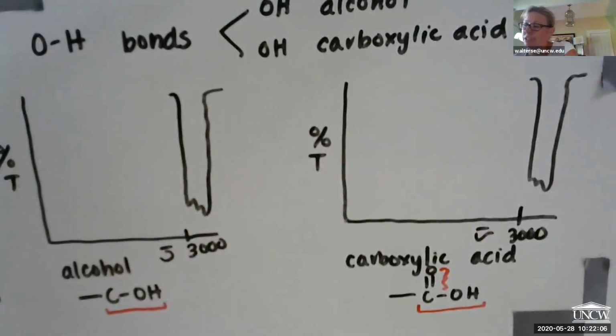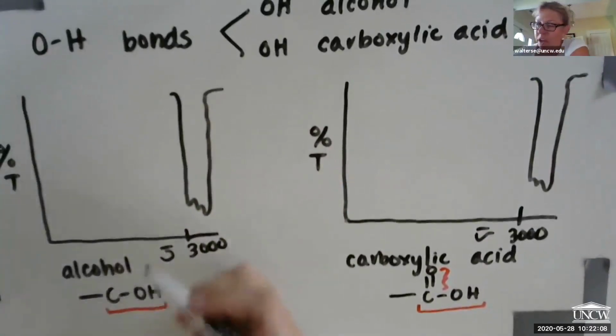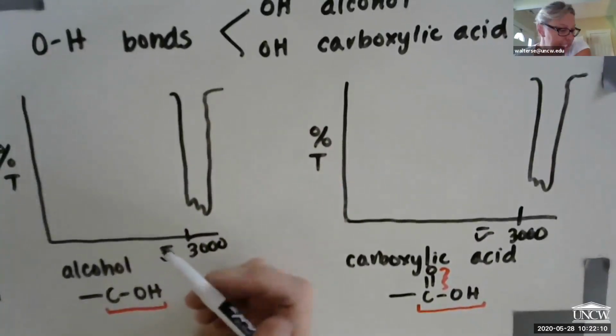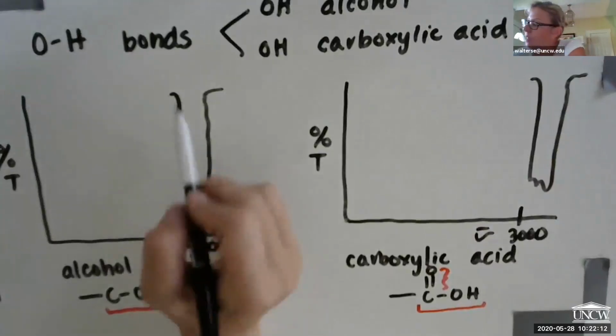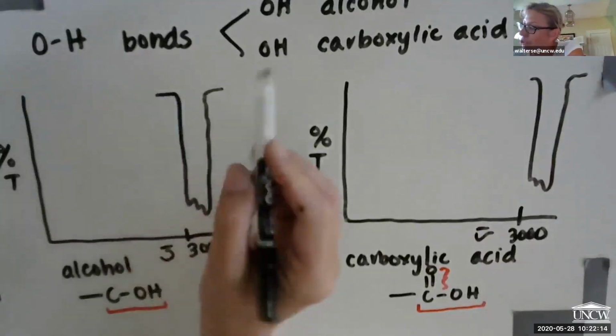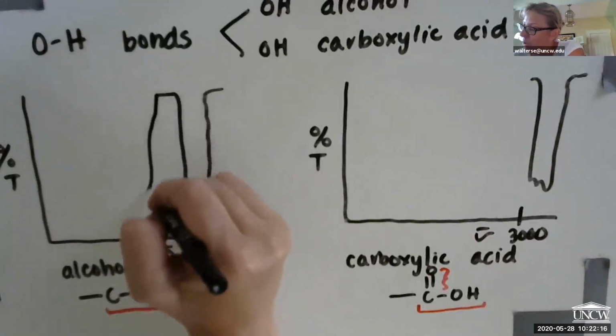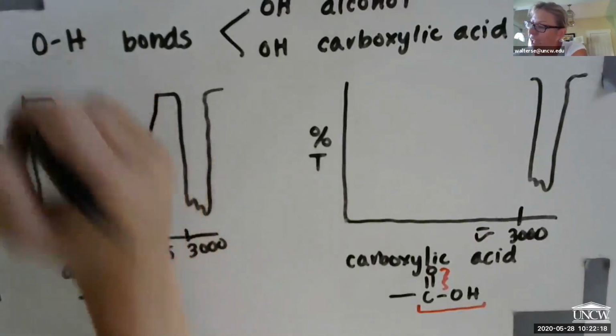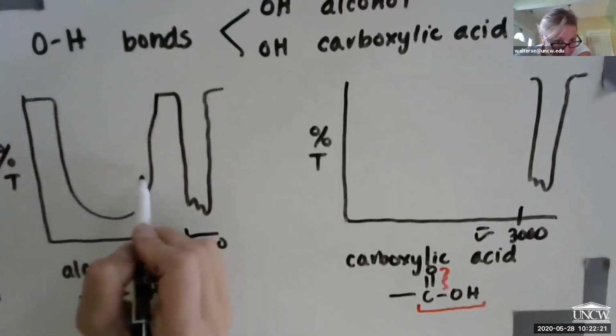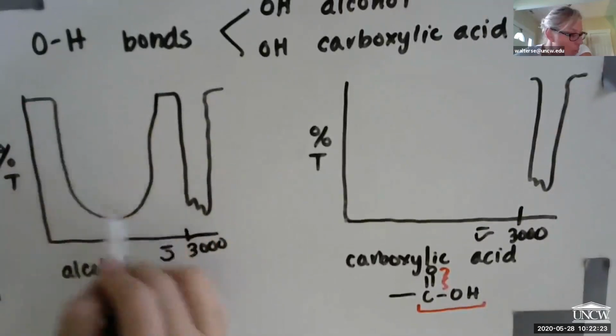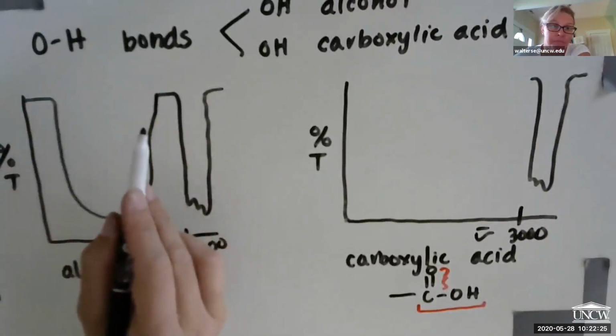Now, alcohols are very easy to distinguish because once you get past 3,000, you have this really broad, flat thing. I mean, it's huge. You cannot miss it. It's like a big old fat well.